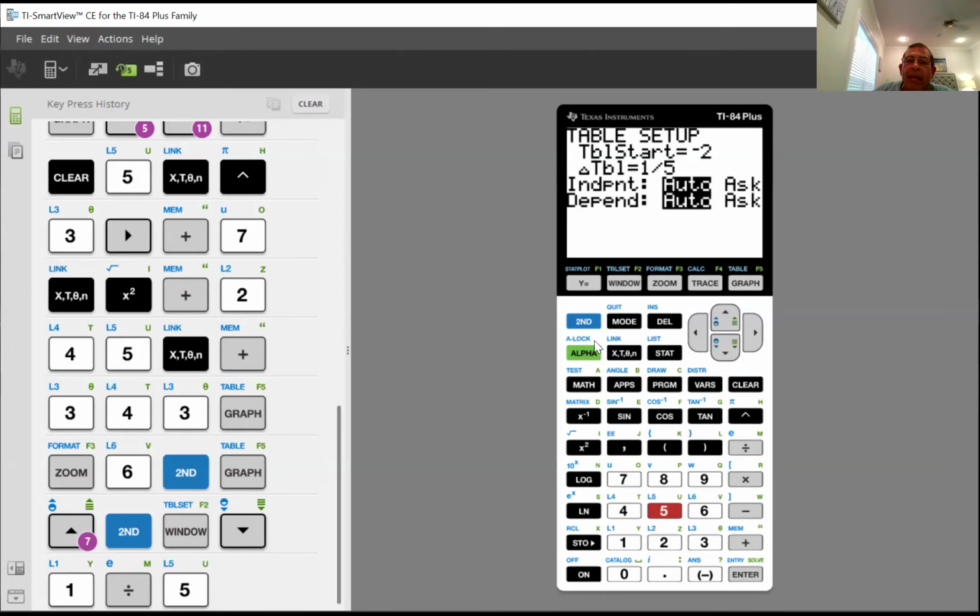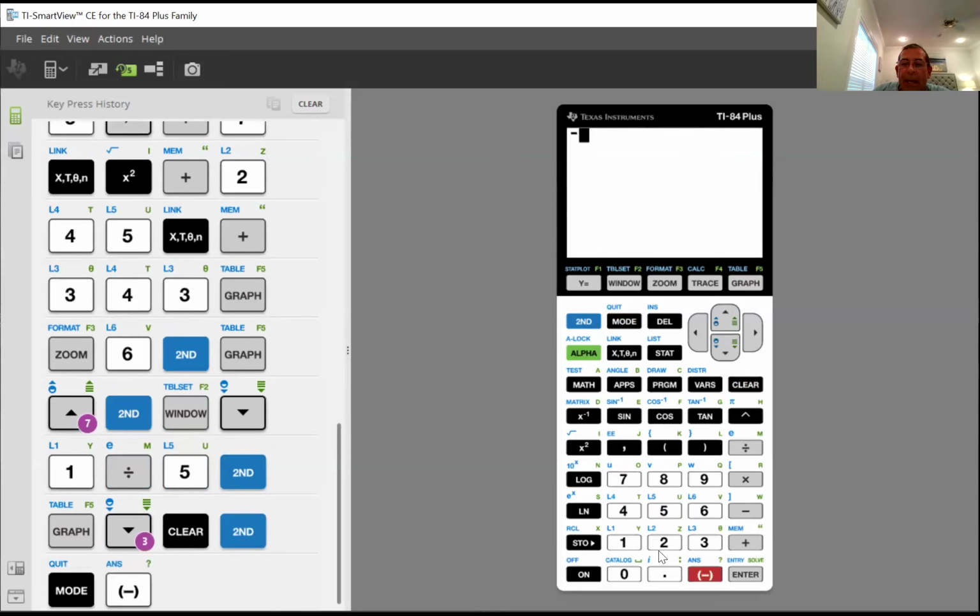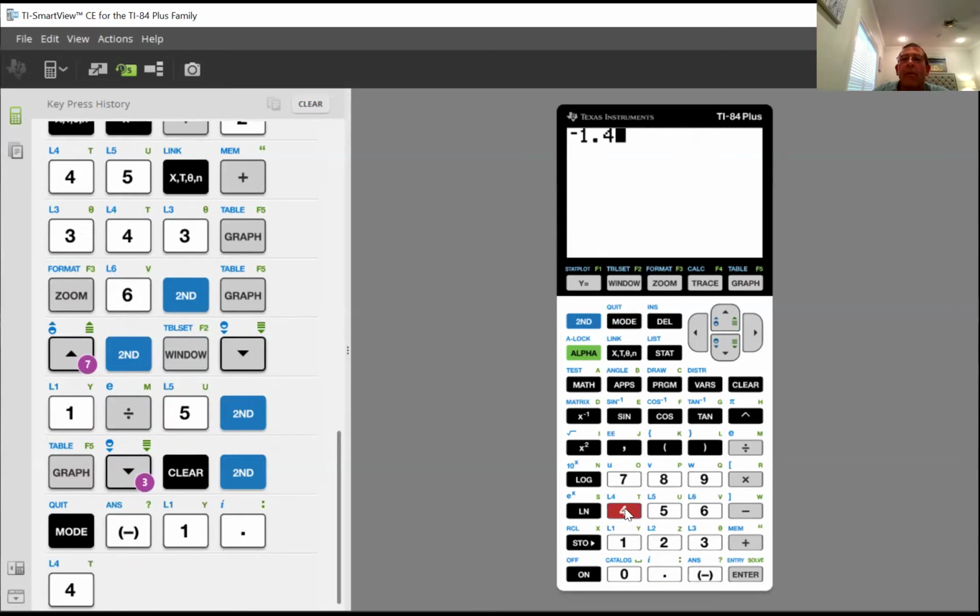Now watch when I go to second graph. Right there at that -1.4, I got a 0. So I'm going to write -1.4 because that's going to be the first one I check. But check this out. I'm going to quit this screen and see what -1.4 is when I turn that into a fraction. I'm going to hit math and enter twice.